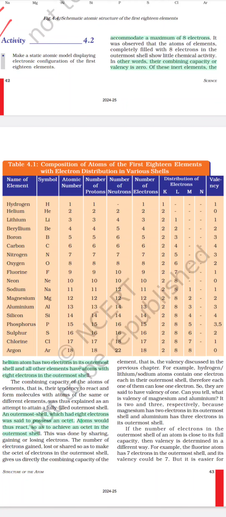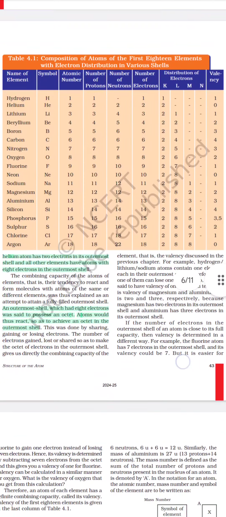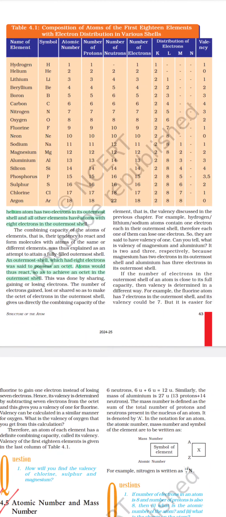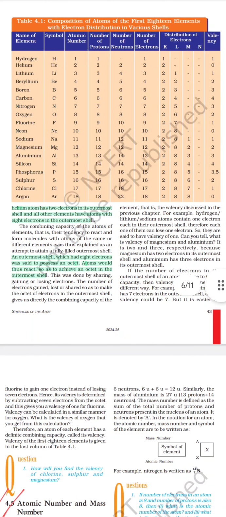For example, the fluorine atom has 7 electrons in the outermost shell and its valency could be 7, but it is easier for fluorine to gain 1 electron instead of losing 7 electrons. Hence, its valency is determined by subtracting 7 electrons from the octet, and this gives a valency of 1 for fluorine.